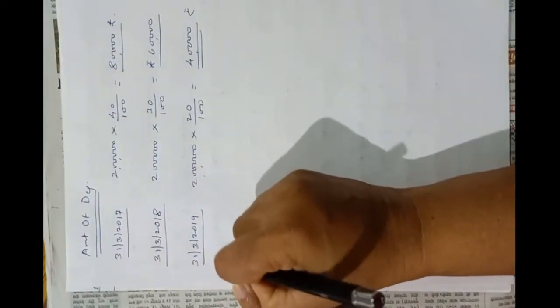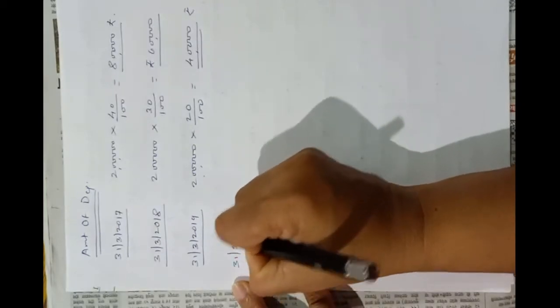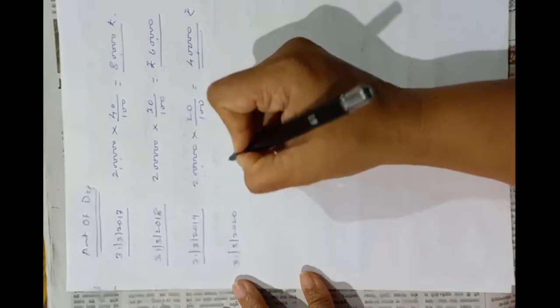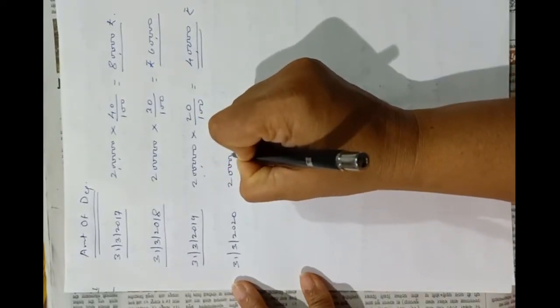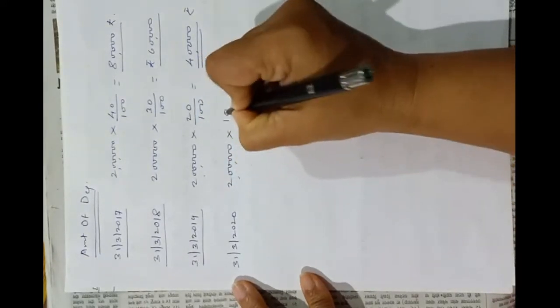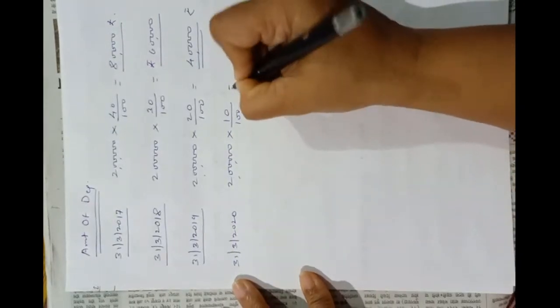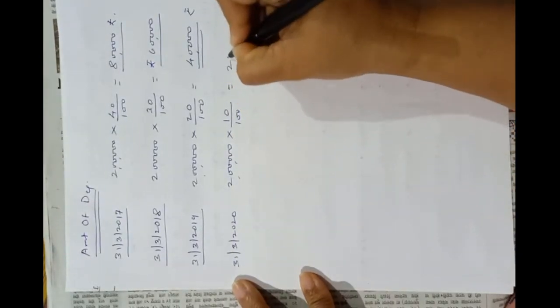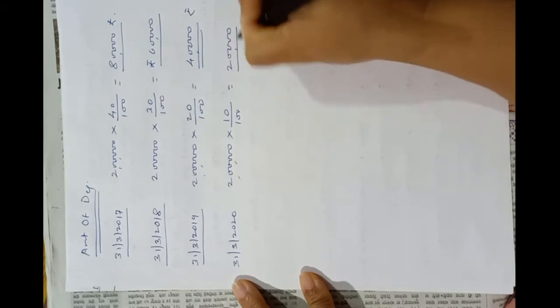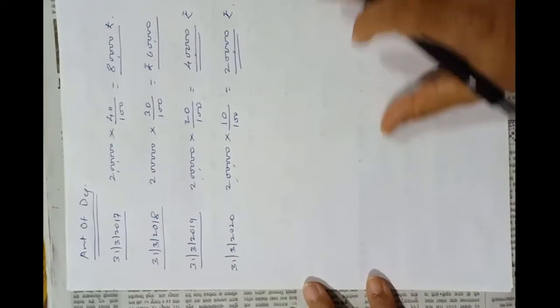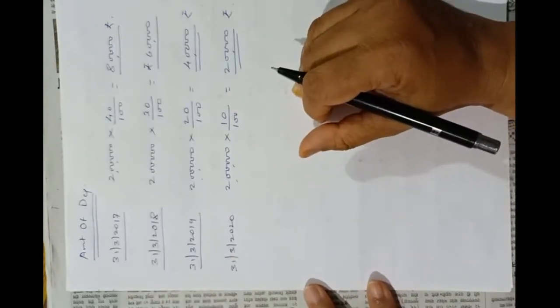And last year's depreciation will be on 31st March 2020. So the depreciation will be 2 lakhs into 10%, that is rupees 20,000. Understood? In this way we will show the depreciation every year.